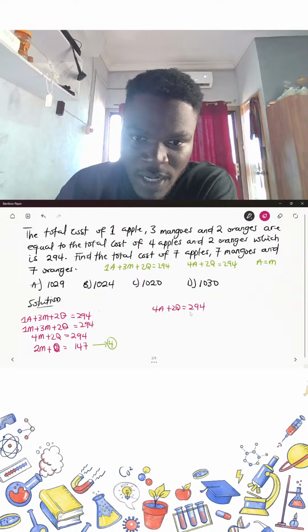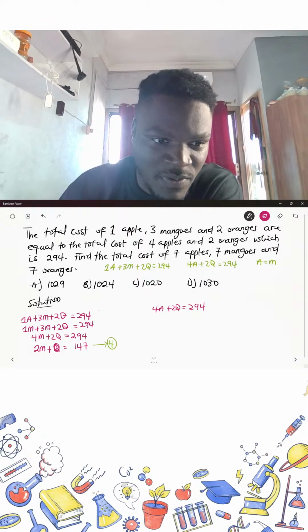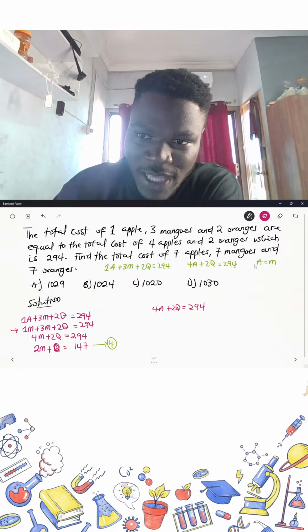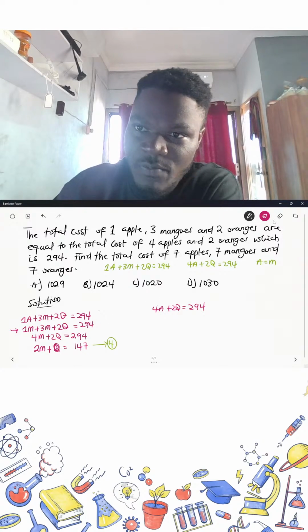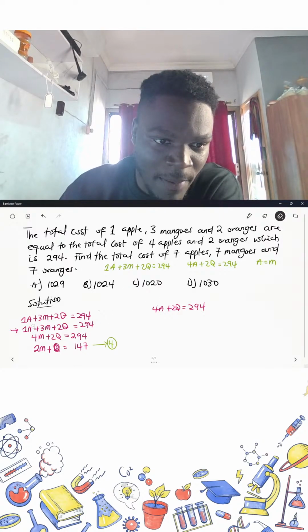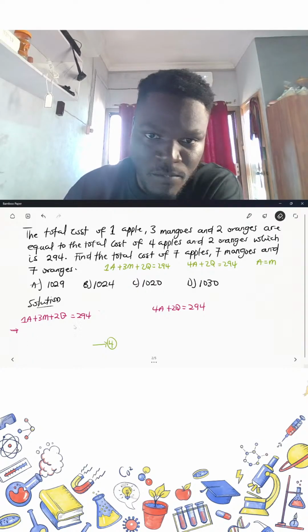Now in the previous equation, so I will come back here, we know that A is equal to M, or M is equal to A. So over here, instead of choosing M, I will choose A. Let me redo this point all over again.